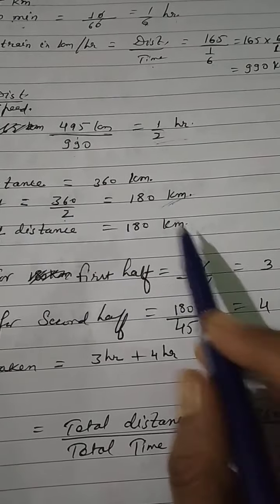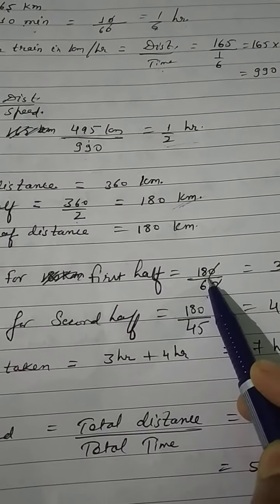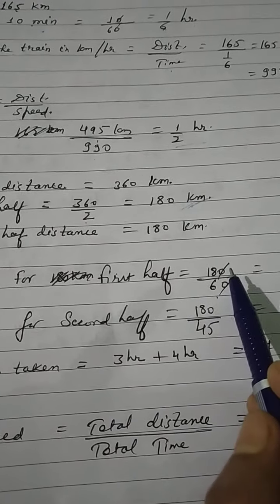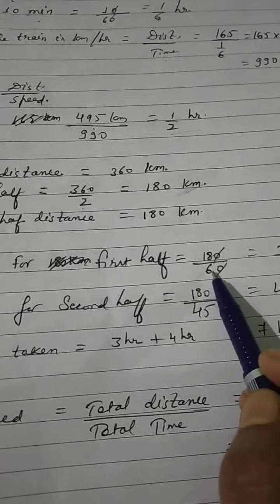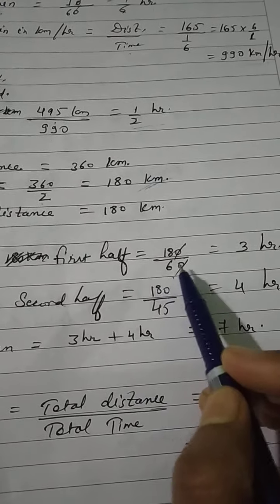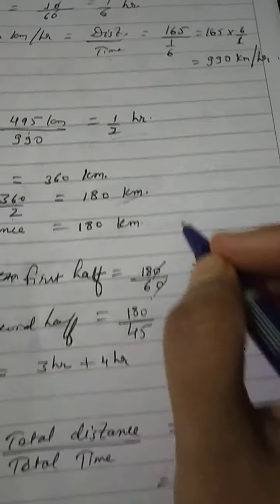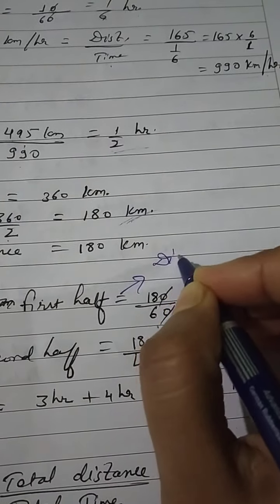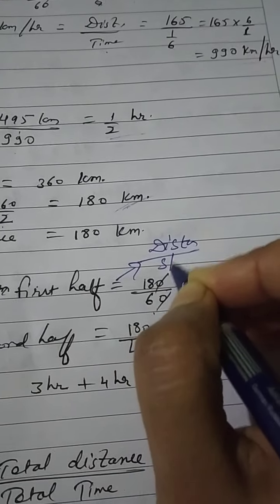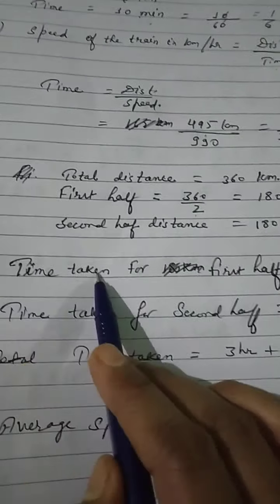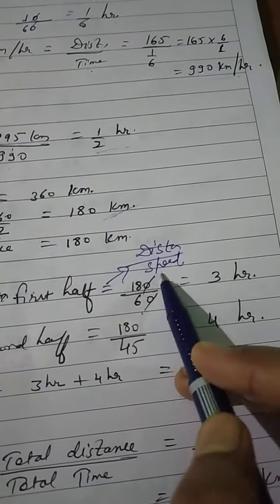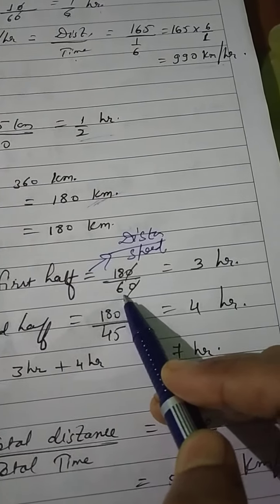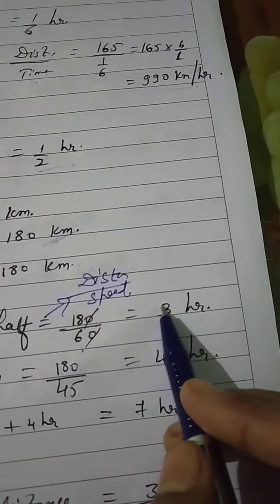So distance is 180, and the first half speed is given, that is 60 km per hour in your question only. So we will write speed here, distance by speed, because we are taking out the time. So time is equal to distance by speed. We have put the distance and speed. Now if you cancel this, we will get 3 hours.